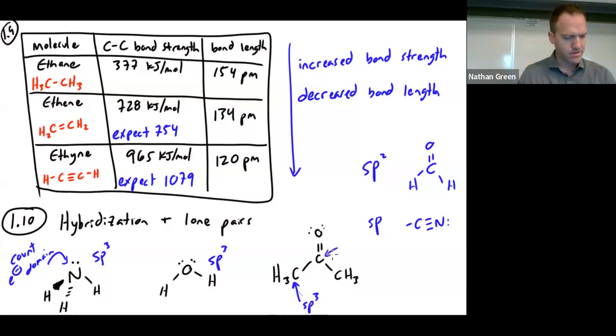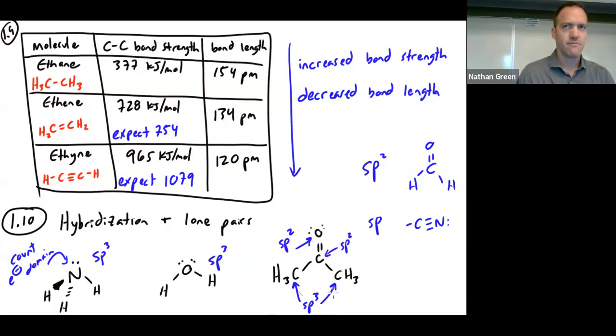Hybridization of that carbon. sp2. Hybridization of that oxygen. sp2. So the reason is we got 1, 2, 3 electron domains, so sp2 hybridized. Hybridization of this carbon. sp3.